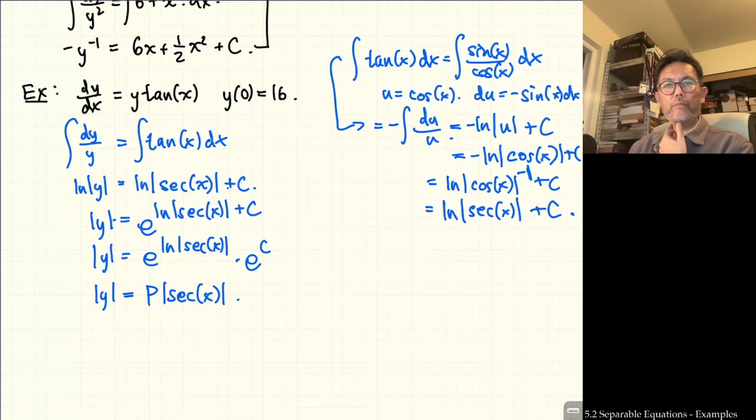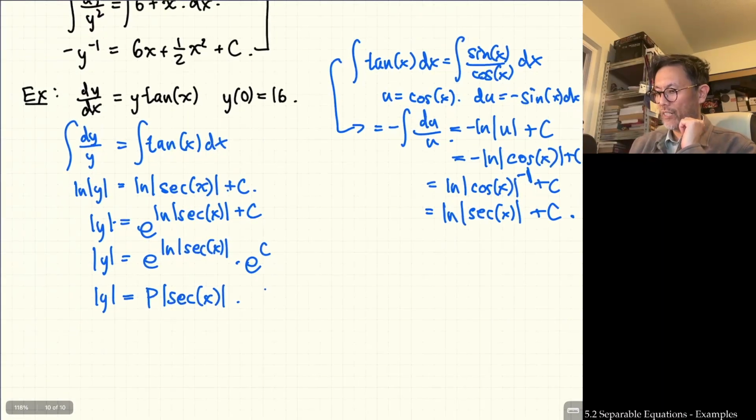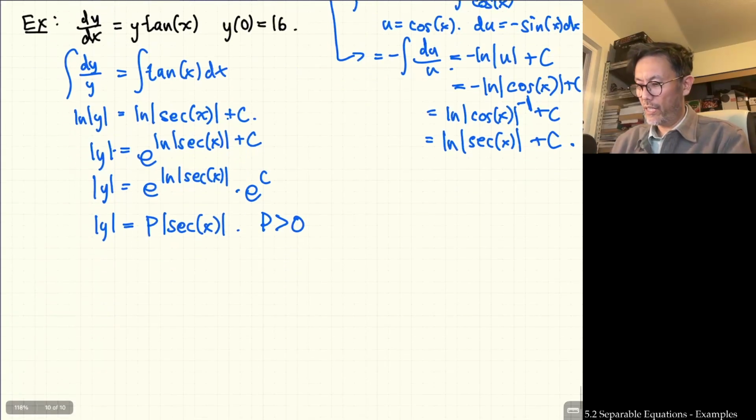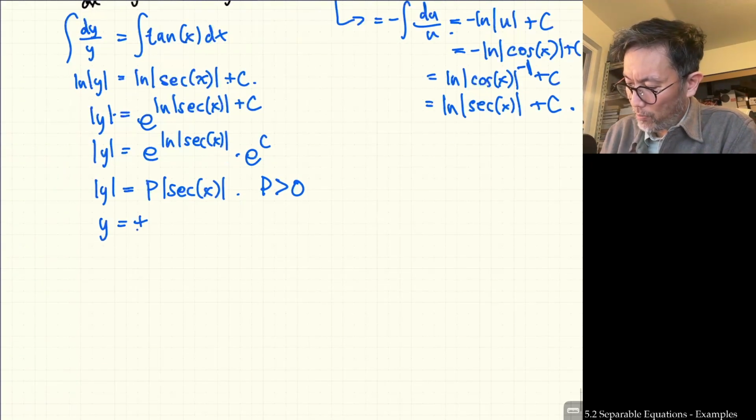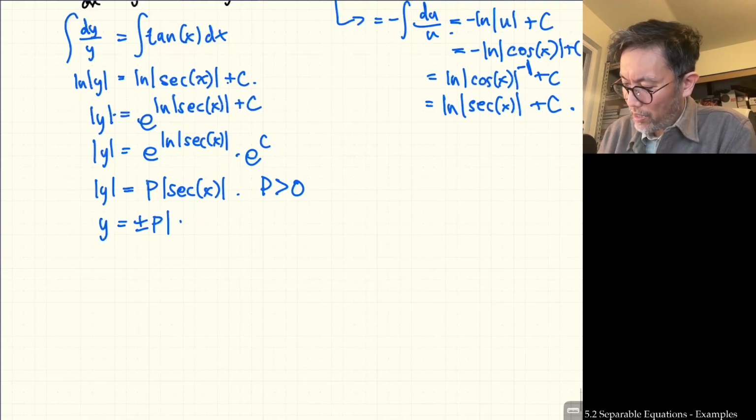Okay. But now, this is the absolute value of y. So p here is a stand-in for a positive constant. But this is the absolute value of y. That means y must be either plus or minus what we see here. So y is equal to plus or minus p times the absolute value of secant of x.